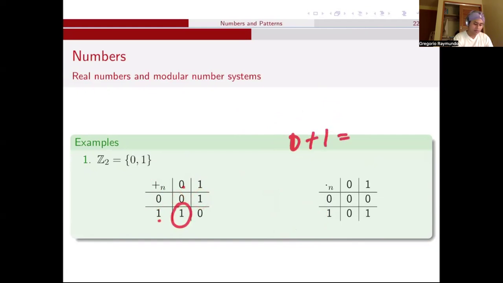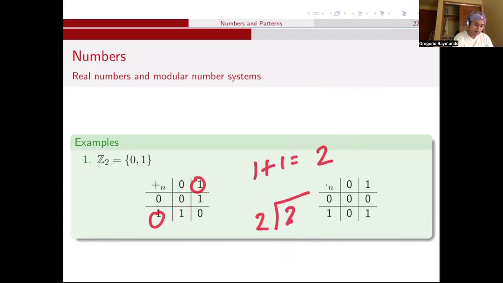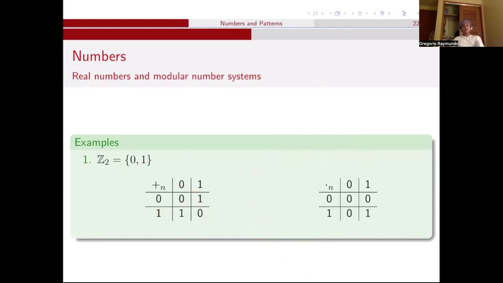And finally, 1 plus 1 is equal to 2. 2 divided by 2 is 1. 1 times 2, 2. 2 minus 2, 0. So 0 yung remainder. Paano naman yung product?